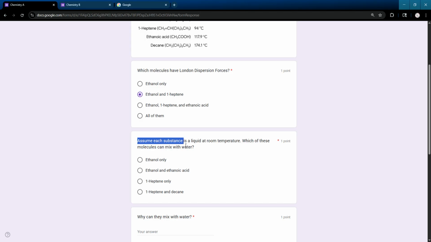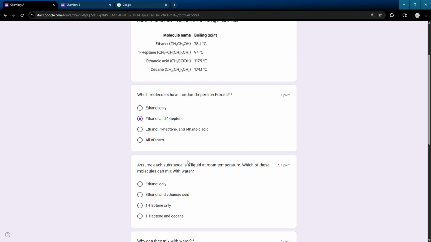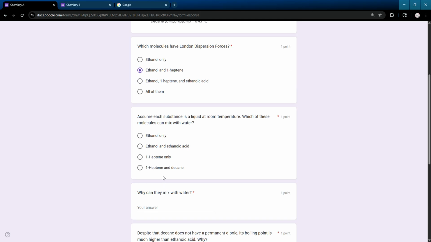Assume each substance is a liquid at room temperature. Which of these molecules can mix with water? It's about the density of the chemical. I'm not sure.